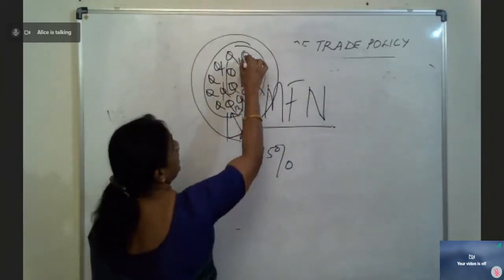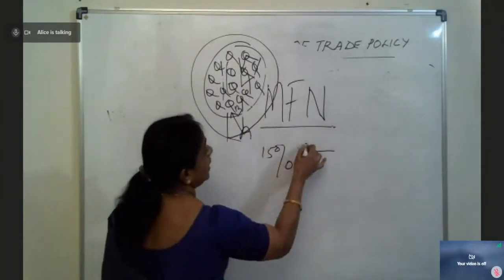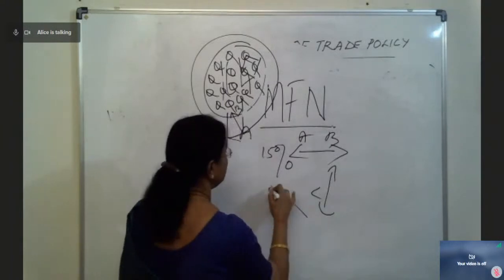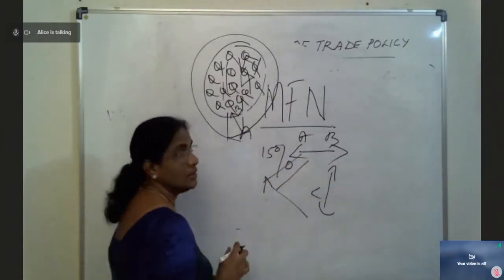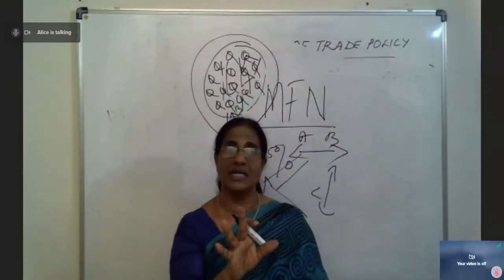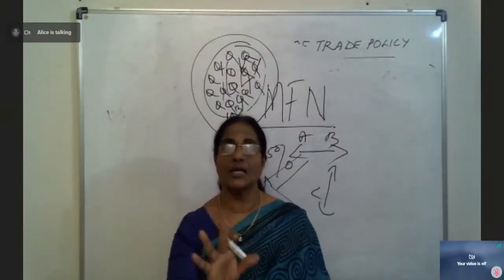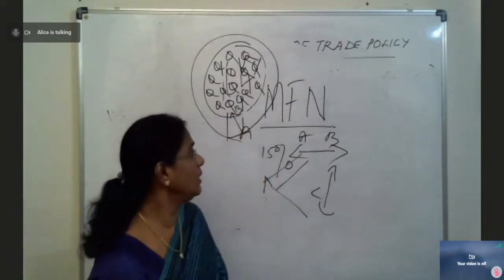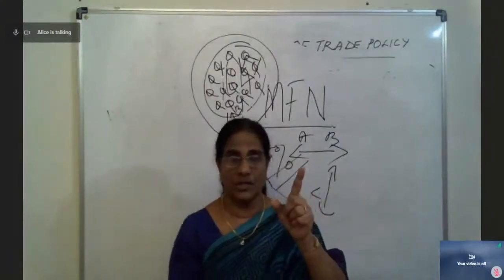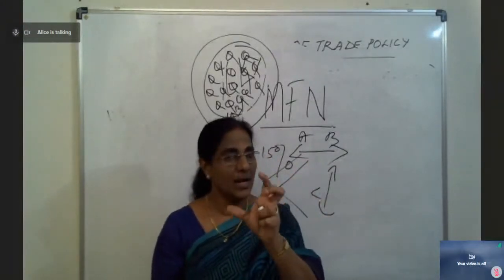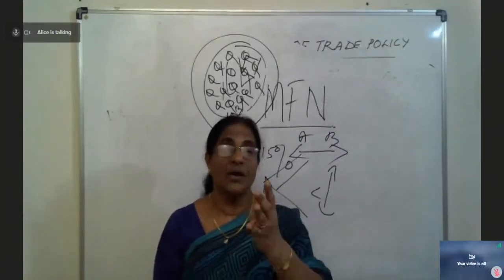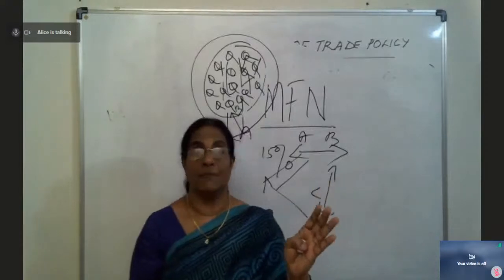A will trade with B, B will trade with C, and C will trade with A and B, right? Whenever trading takes place between or among these members, that is called most favored nation tariff. Here I have given 15, so I have to give 15 for everybody. It is only one example. I said what is meant by most favored, because everyone is most favored, all should be treated equally.